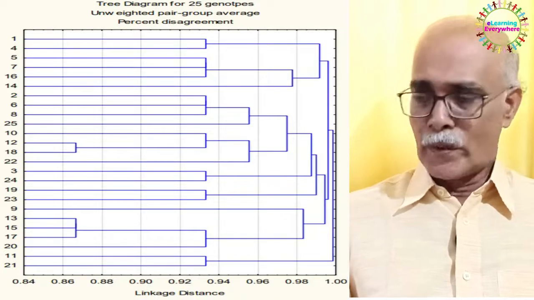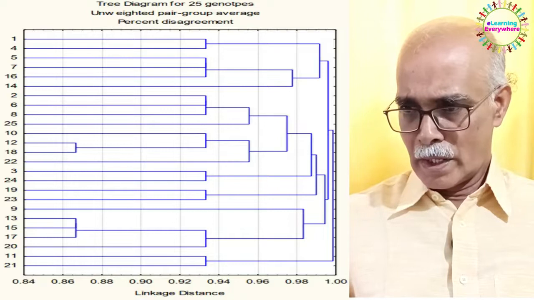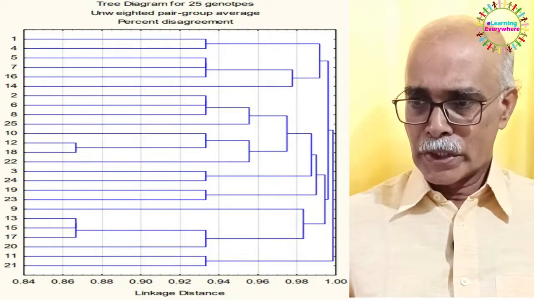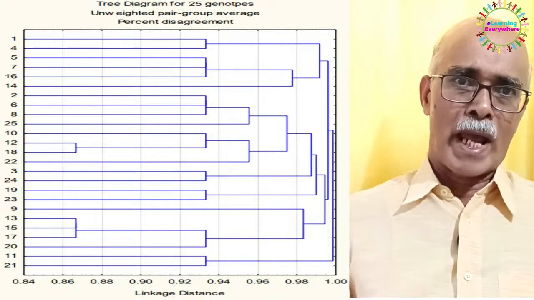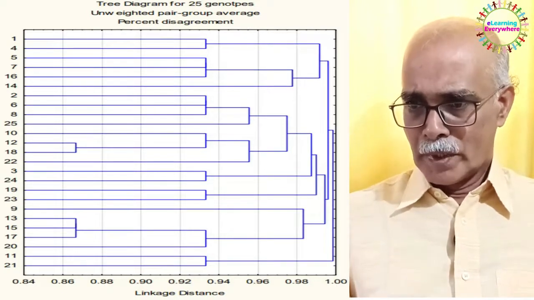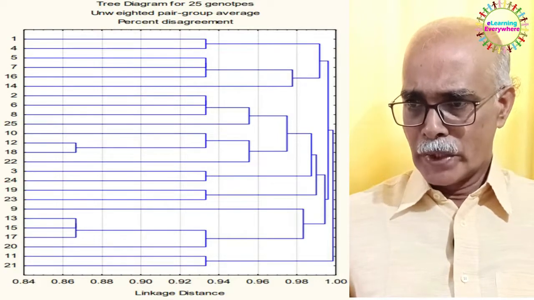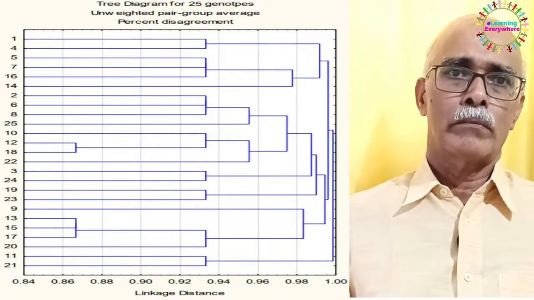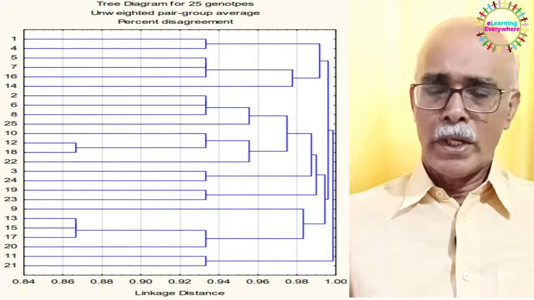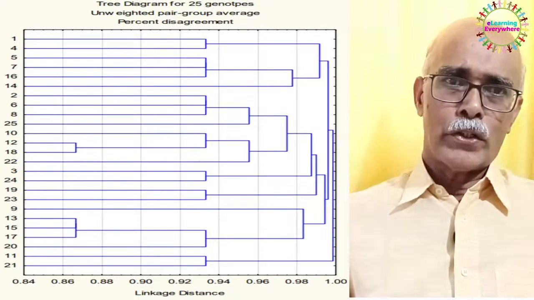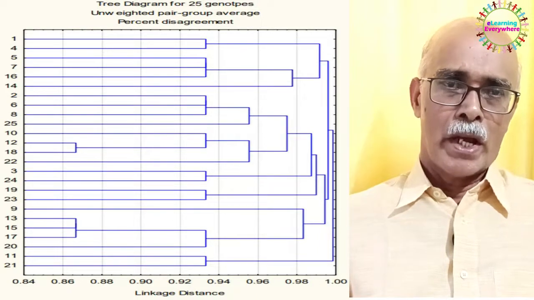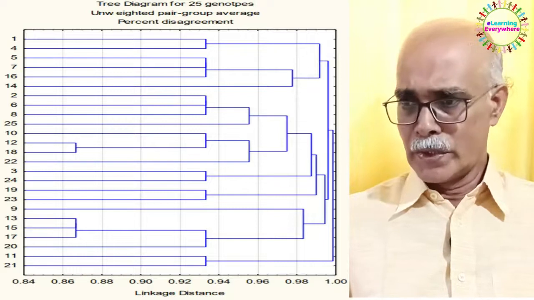When you analyze the dendrogram, you can see that the tree has been split into two at a linkage distance of 1, or the first step of branching of the tree is at a linkage distance of 1.00, and there the tree has got branched into 2 branches, a distinct cluster which is different from all the others, and all the other genotypes stand together at this stage of linkage distance as calculated using percent disagreement.